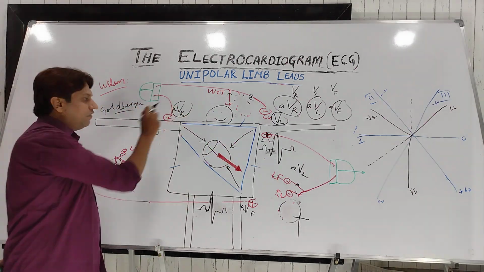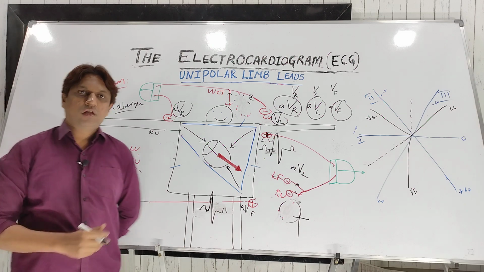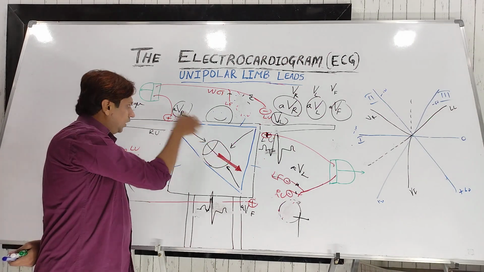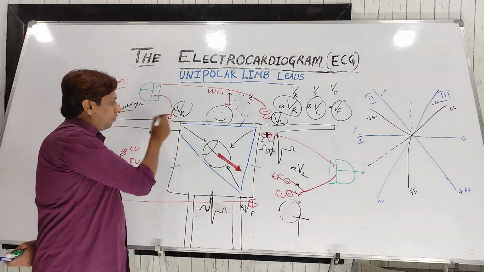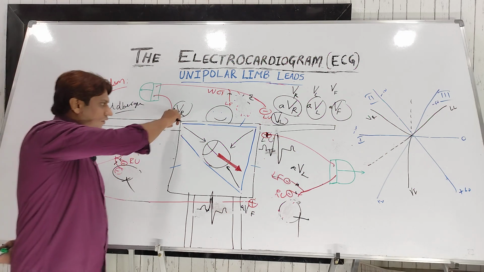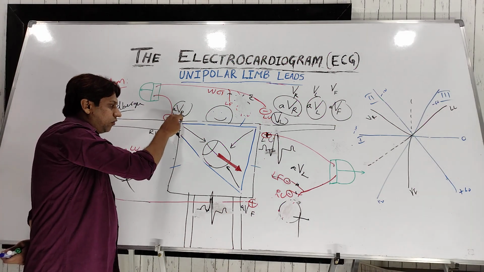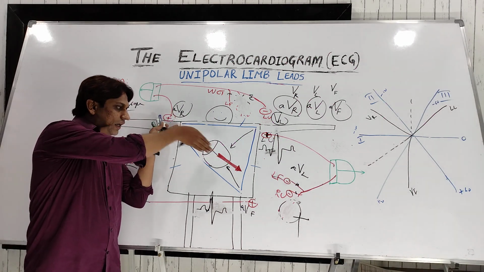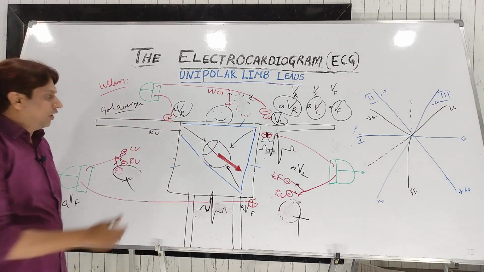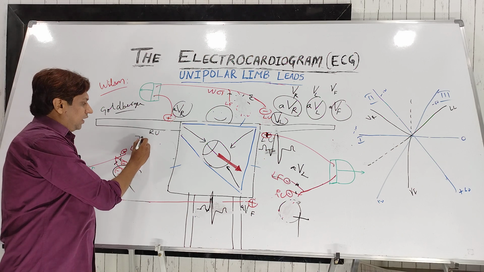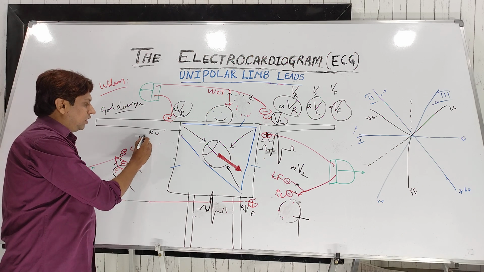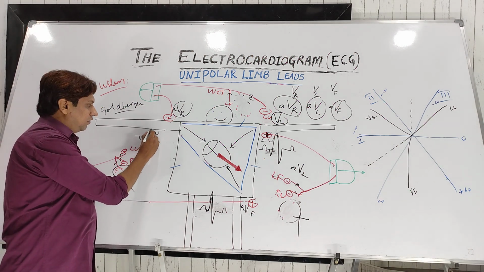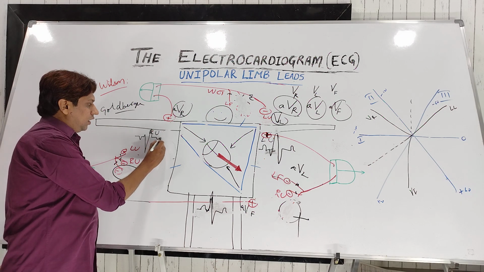But in AVR, the current is flowing in the opposite direction of the exploring electrode, the camera or the eye situated here, and the electrical current is moving away. That's why we get the negative waves, and it is absolutely normal in an ECG.